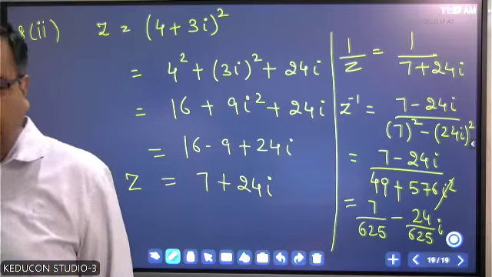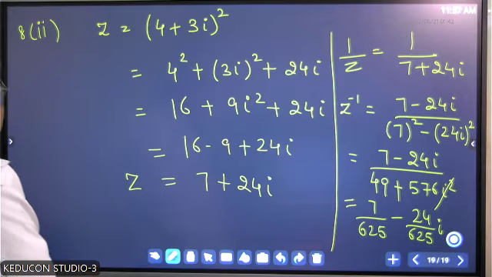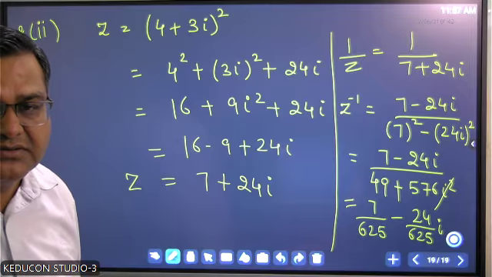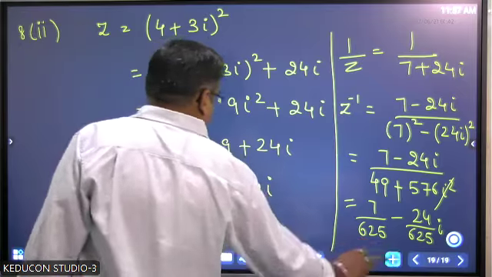This will be the multiplicative inverse of 4 plus 3 iota whole square. Is it clear, students? Any doubt? Right. So we move on to the next question.